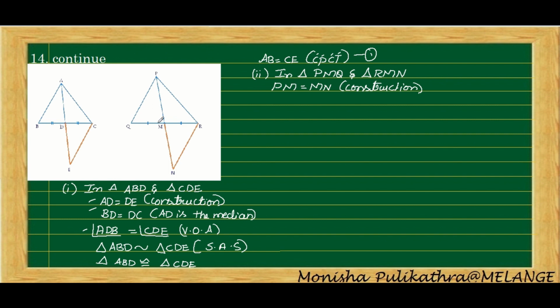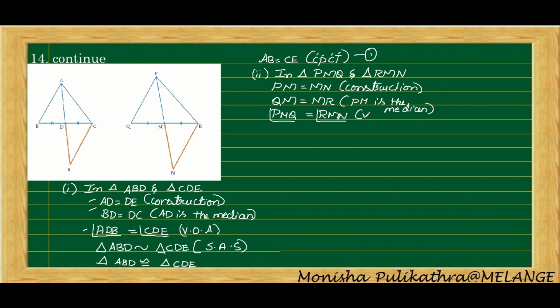Next, QM is equal to MR because PM is the median, which cuts the triangle into equal halves. Next, angle PMQ is equal to angle RMN.